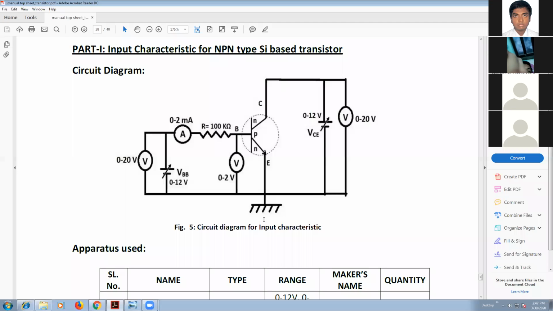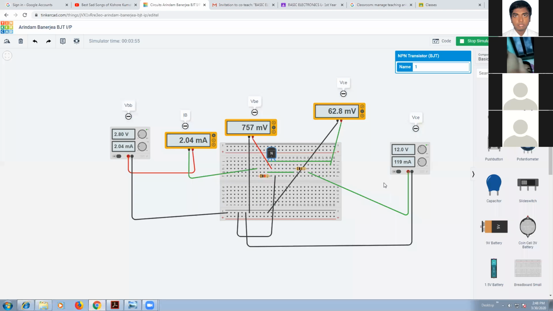That is, first we connect the positive terminal of the power supply. We have to see here, this is 1K and this is 100K. You can see this is already connected here.